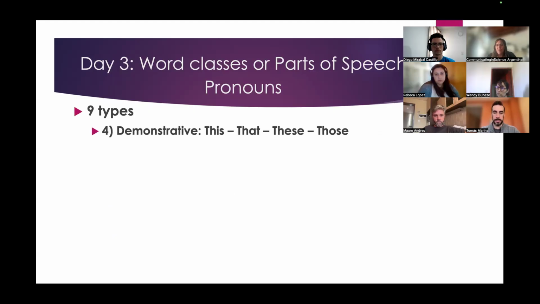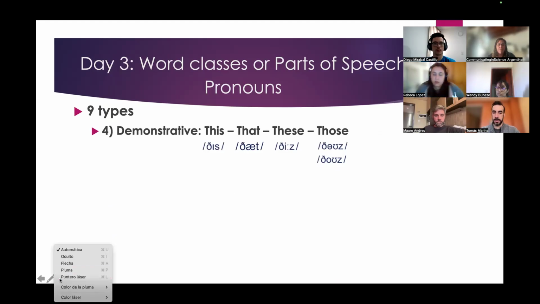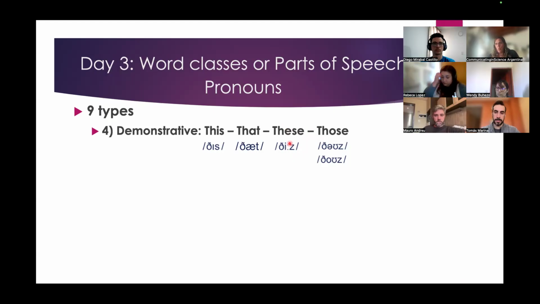Demonstrative pronouns. I'm sure that all of you have heard and seen these pronouns. Here I put the pronunciation because in English it's important how you say them. Let me use the pointer: this and these. You may say, don't be so exquisite, but sometimes it's good to have a good pronunciation.